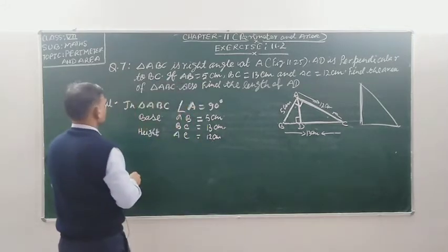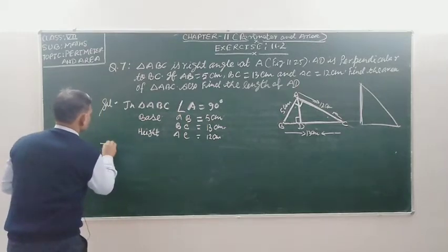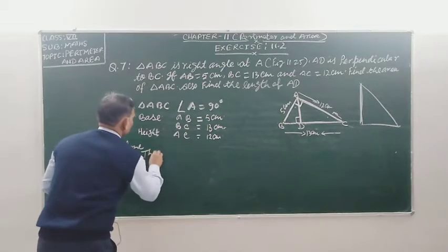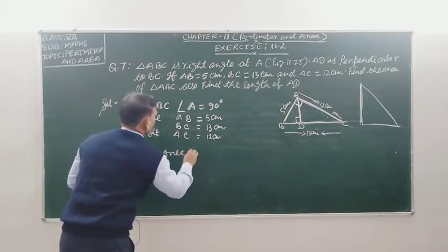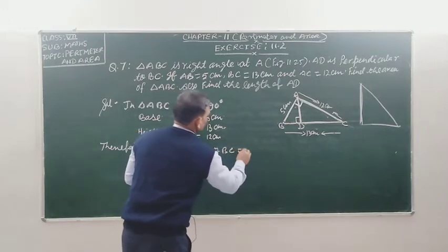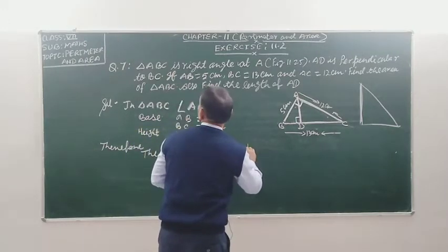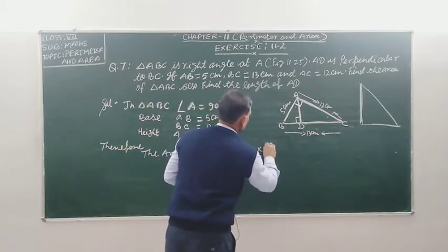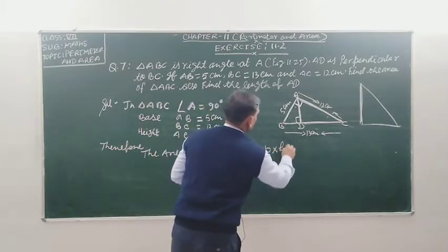Therefore, the area of triangle ABC is equal to 1 upon 2 into base into height.